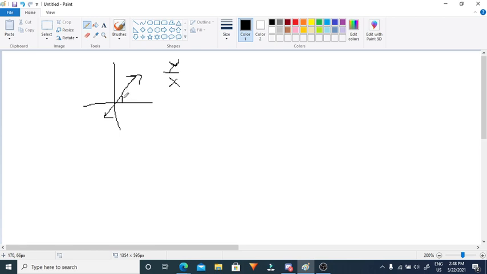So this is our theta, and any point on the line will have some kind of distance r. But this is the theta we're worried about. We need to find a way to get from theta to y over x. If you make a triangle like this, you can notice that the opposite side to this angle theta is y, the y value of this point right here, and the adjacent side is the x value.